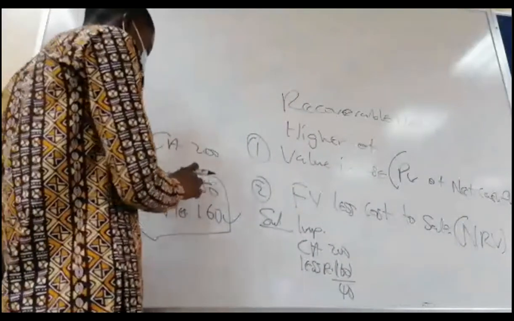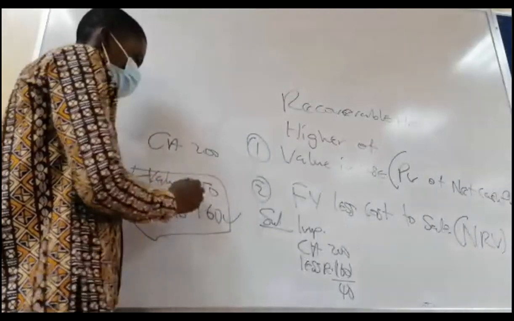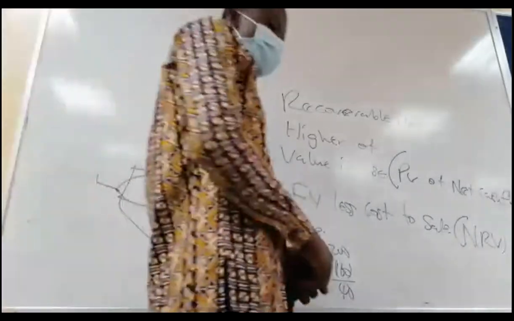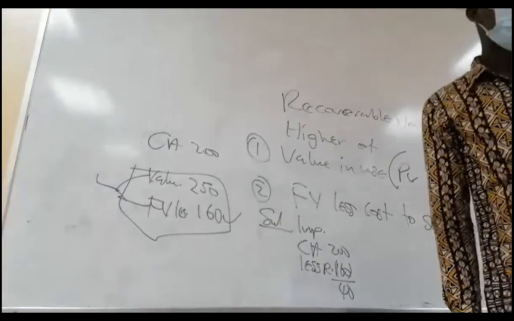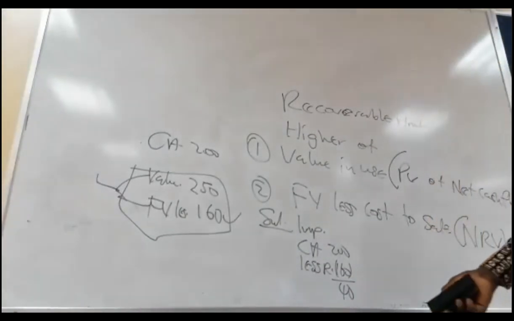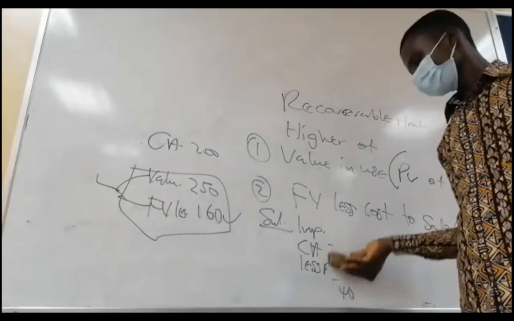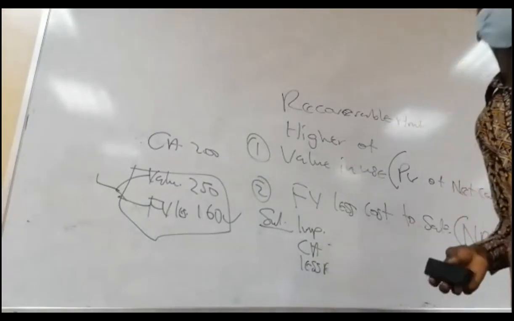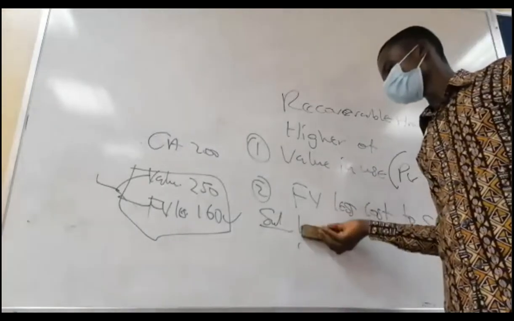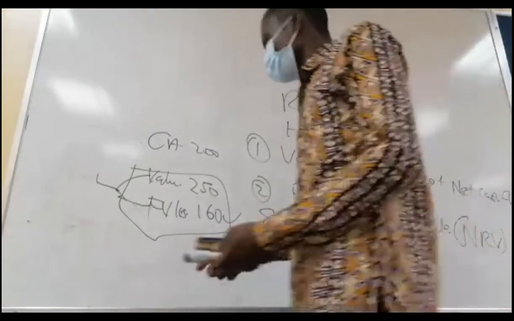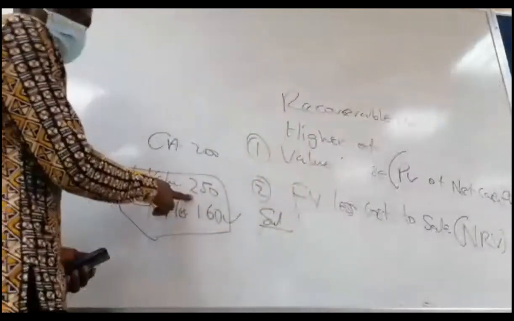What if the value in use is 250? What will happen? I've changed it. The value in use is 250. If the value in use now is 250, what will be the recoverable amount? We are done with the first question, so I've changed it slightly. Now the value in use is 250.